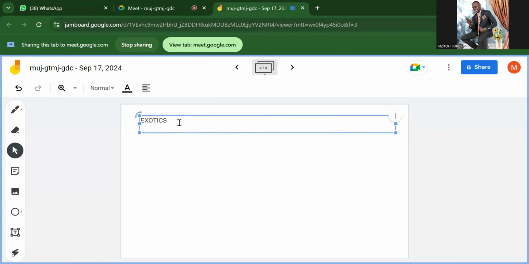So currencies of developing and emerging economies. Kenya shillings is here. So exotics are simply currencies of developing and emerging economies.